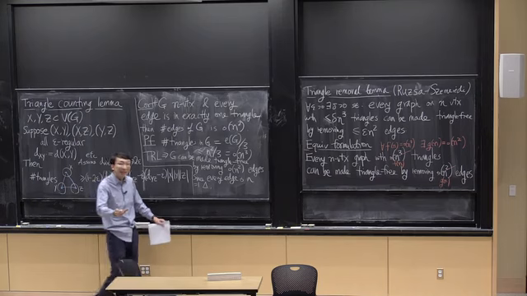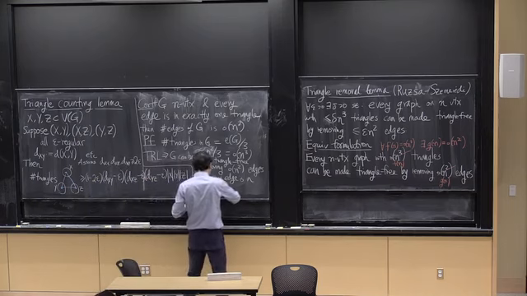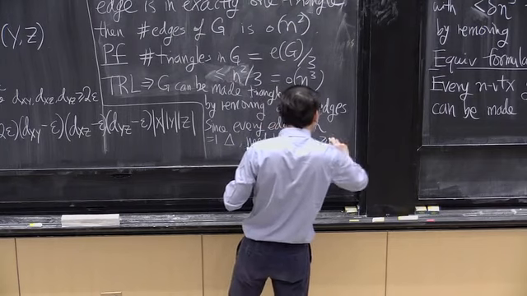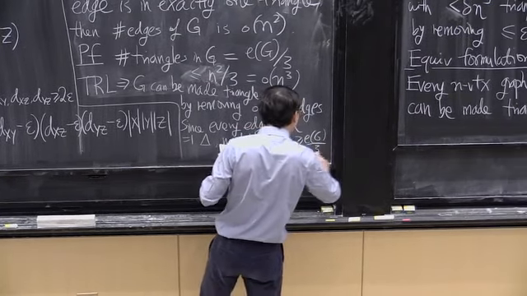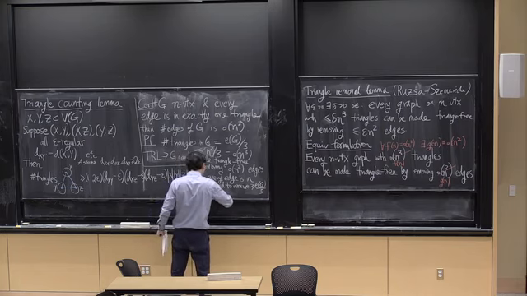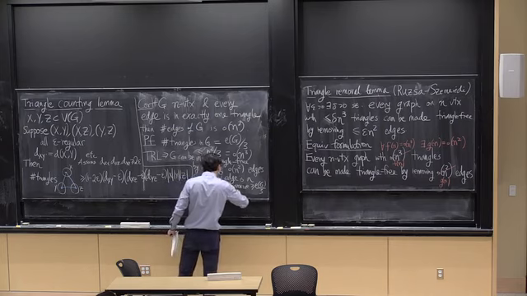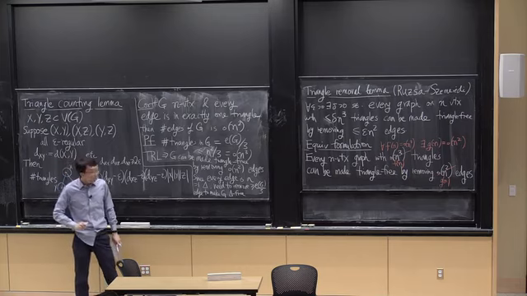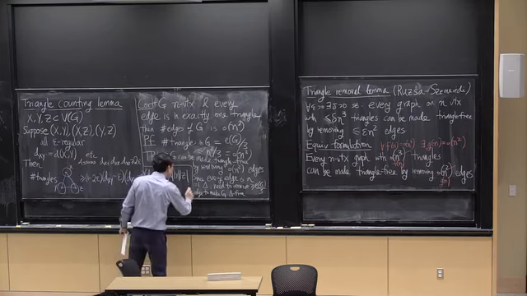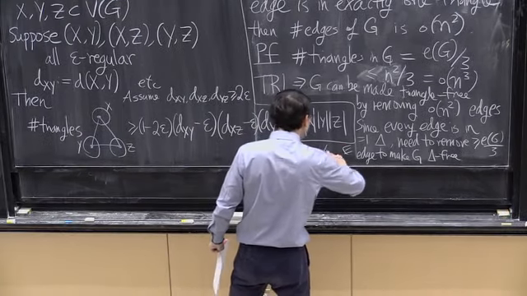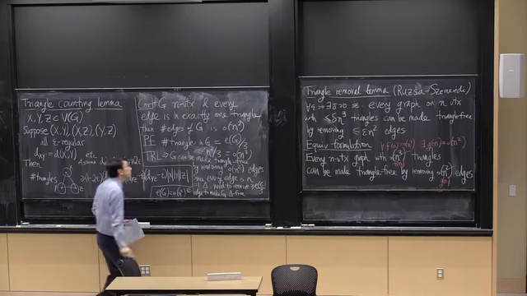Well, I need to remove at least a third of the edges to make G triangle-free. Right? Putting these two claims together, we see that the number of edges of G must be little o of n squared.